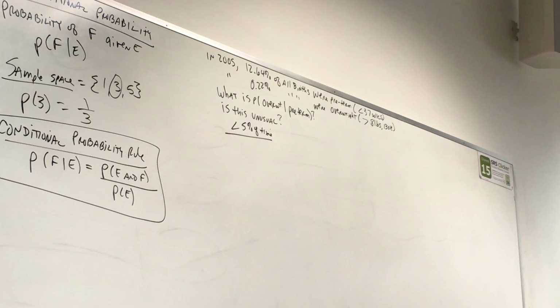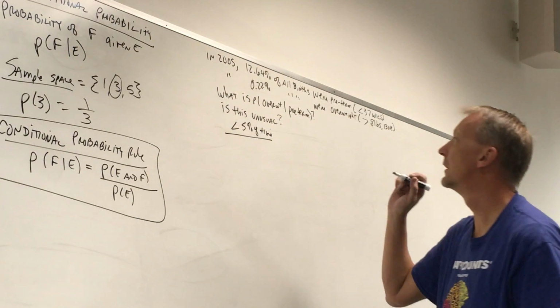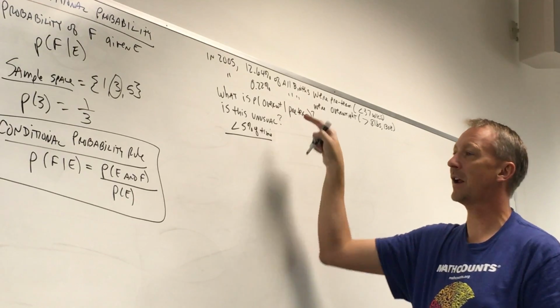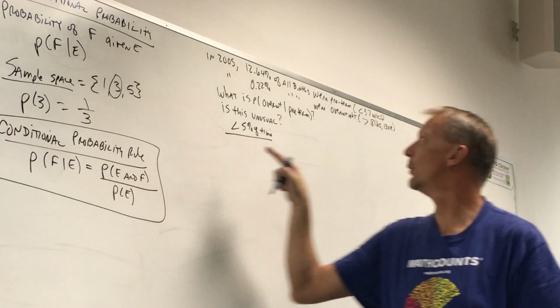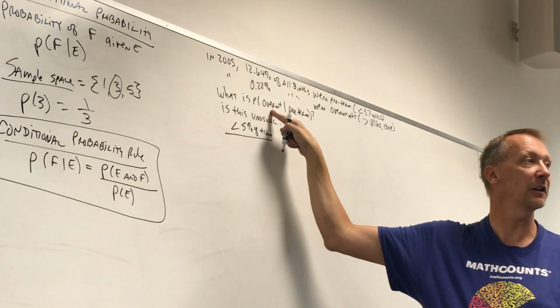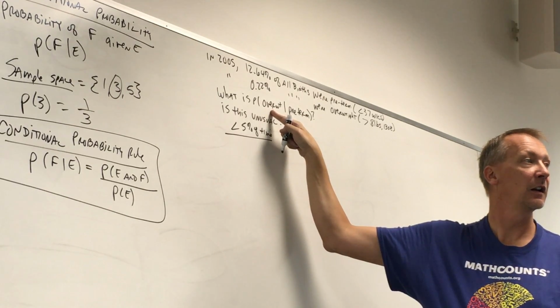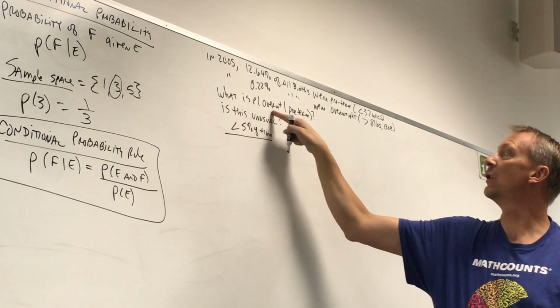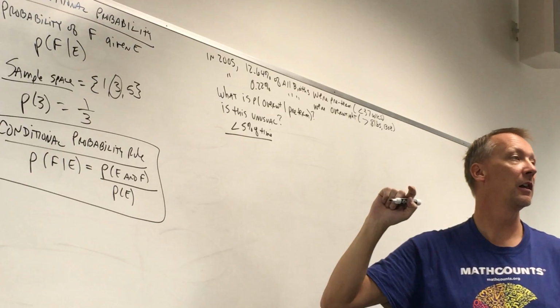Let's talk about this. So we're doing our conditional probability here. Let's make these match my formula here. What is this event called, according to my formula? What is the probability that they're overweight given preterm?